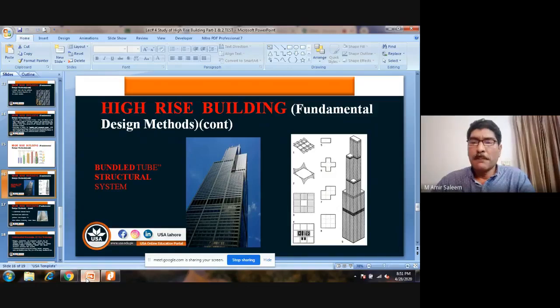At the lower portion they design 4 to 5 stories for commercial use, and they reduce the building as it moves upward. They are 15-story buildings, but they are basically a copy of this, and that is not the bundle tube structural system.